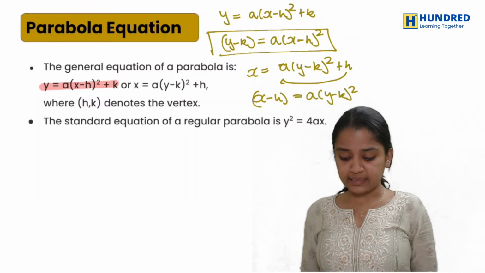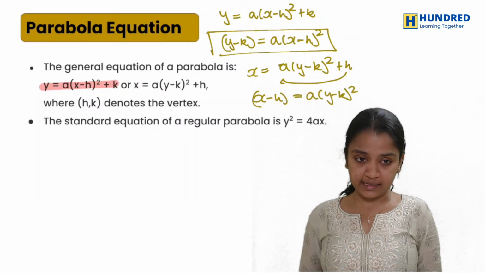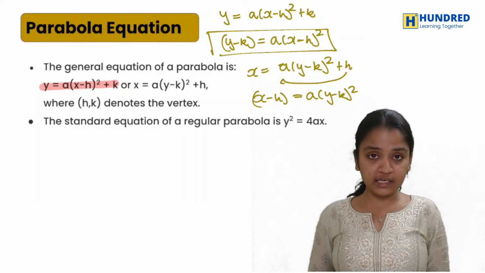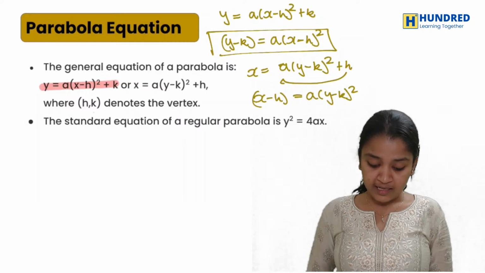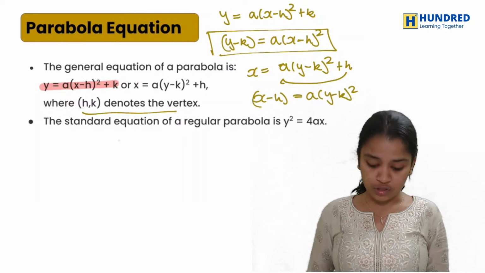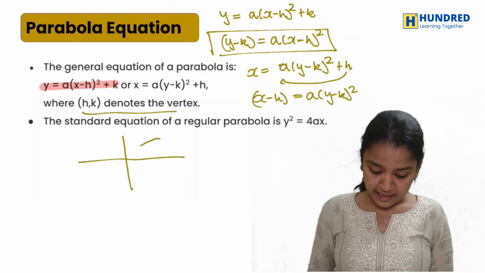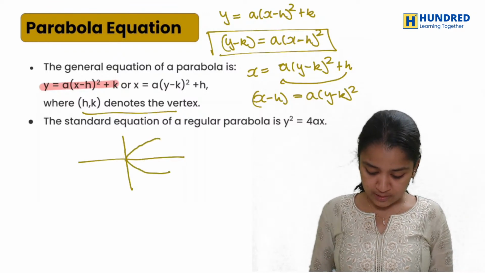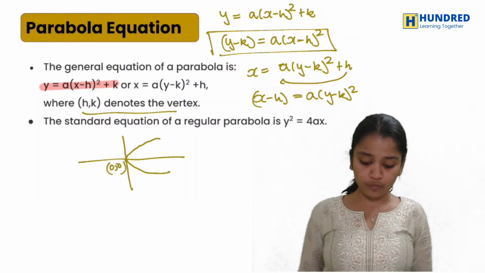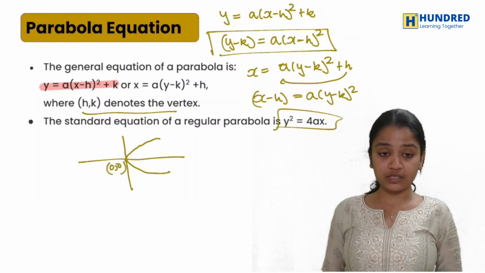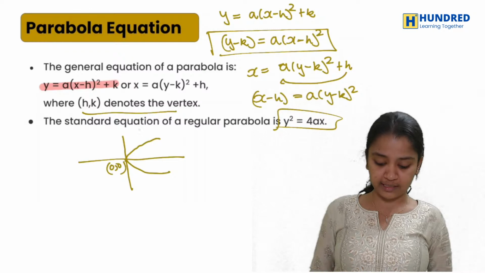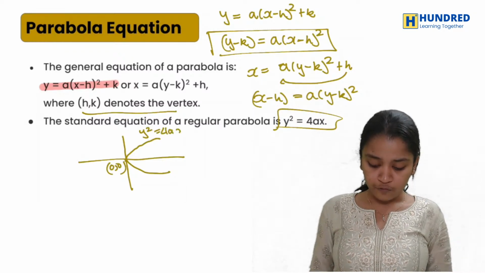So basically what I am trying to tell is, in general, here h comma k denotes the vertex. If your parabola has its vertex at 0 comma 0, this is a right-side open parabola, and generally it is y square is equal to 4x.